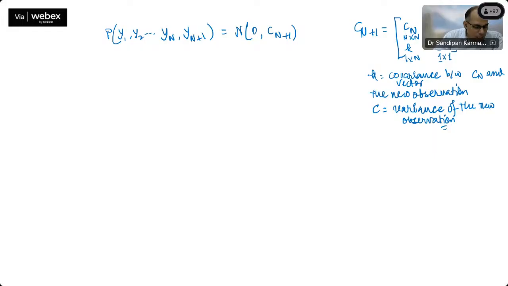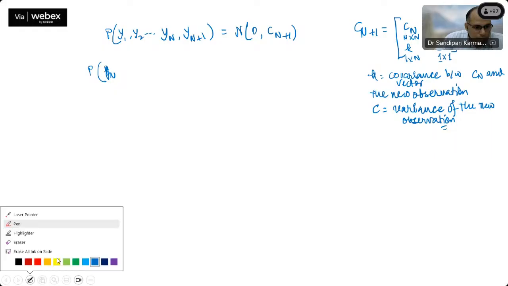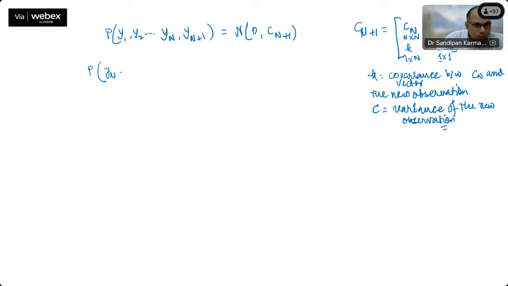Later we'll be coming to this, and it will be very informative. So P of the n plus 1th data point given 1 to n, I am assuming that it follows a normal distribution with mean mu and variance capital sigma.